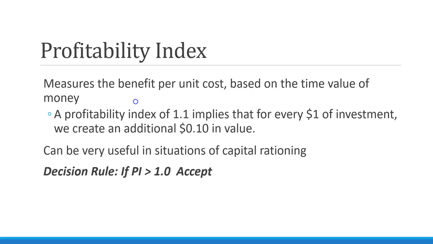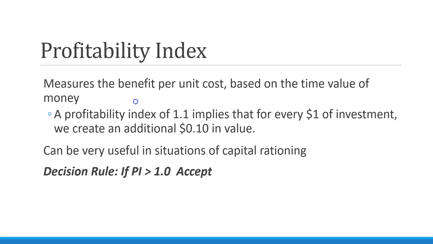When we're using the profitability index, we're doing that because we're trying to rank capital budgeting projects in order to make a decision about them, especially when we have limited funds available, or as the textbook talks about, in capital rationing.